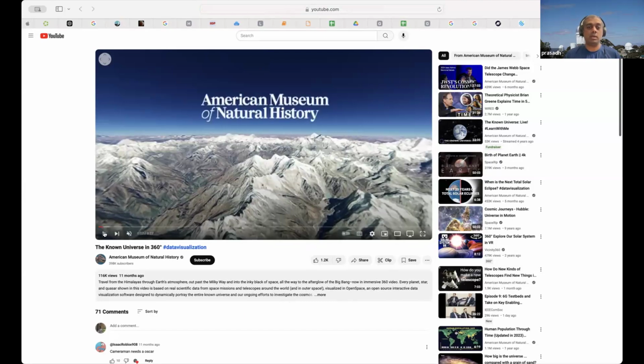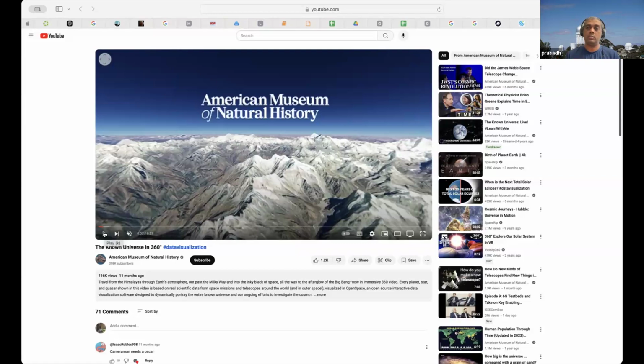What I am going to show you here is that I'm going to start from the Himalayan mountains, and zoom out step by step to different scales of the universe, so that you will understand the vastness of the universe, how huge it is, and what is the scale that we are talking about.